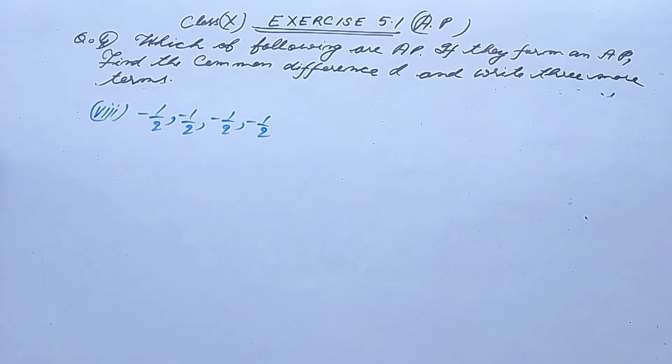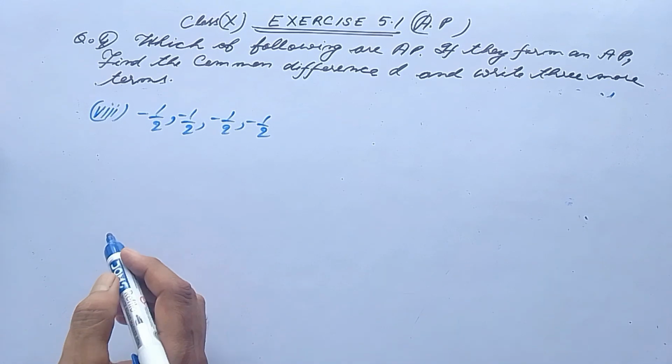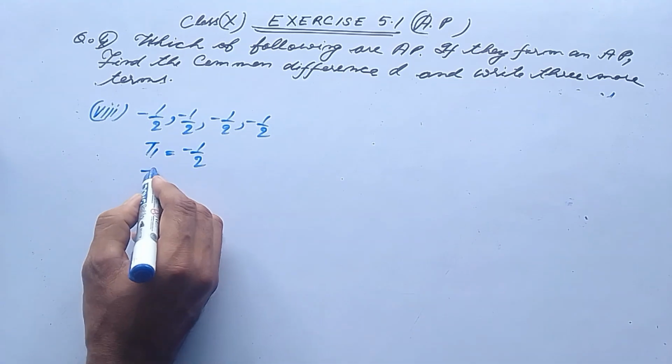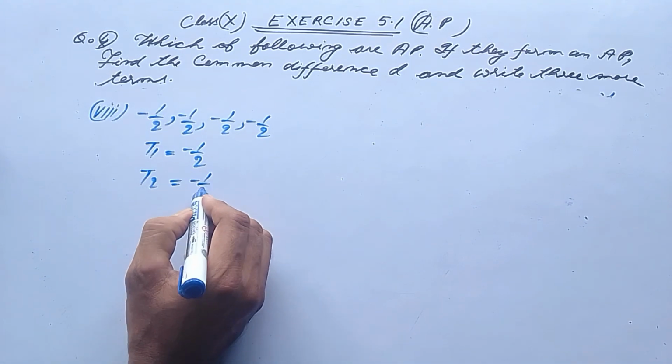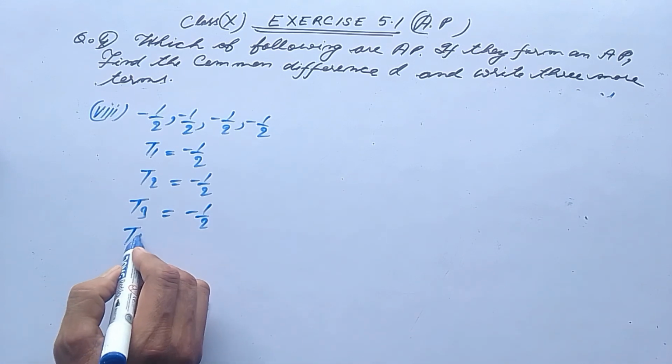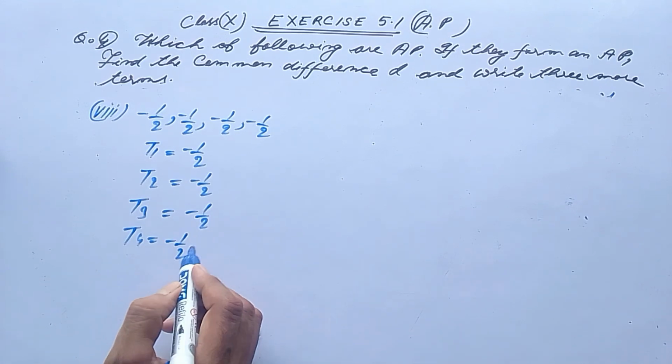The sequence of AP is -1/2, -1/2, -1/2, -1/2. तो T1 क्या आ जाएगा यहाँ पे -1/2. T2 equal to -1/2. T3 equal to -1/2 and T4 that is equal to -1/2.